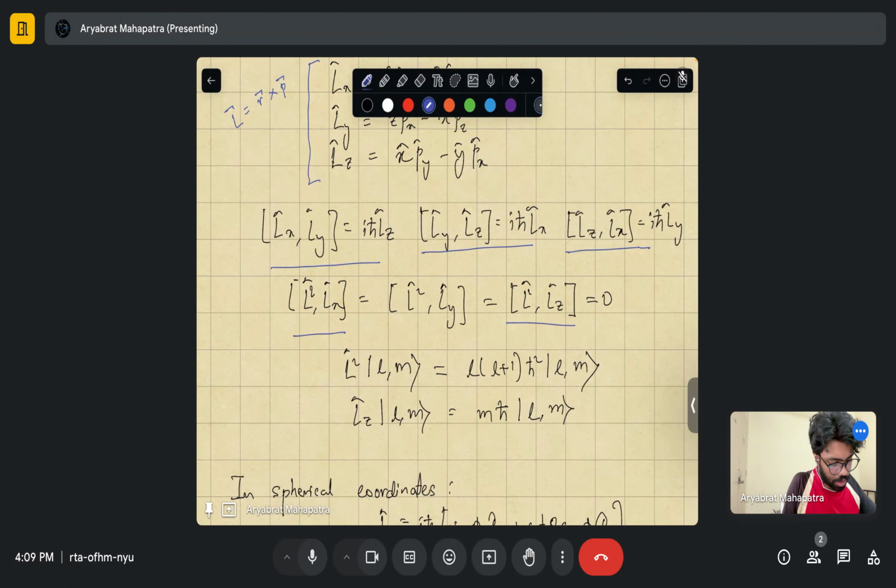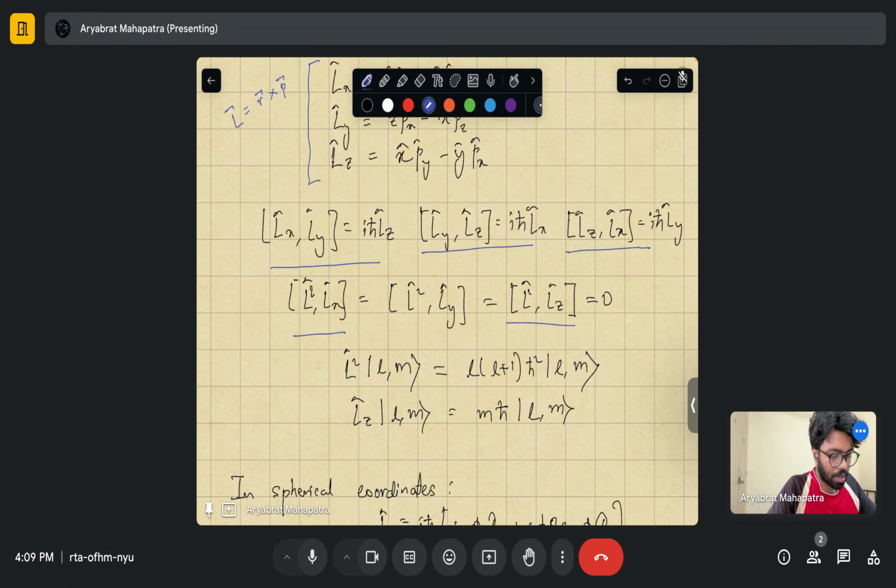From here you can say that the Lx and Ly operators do not commute with each other. If you are able to measure the angular momentum along any direction or basis, then you cannot simultaneously measure, with arbitrary accuracy, the angular momentum along its orthogonal basis.